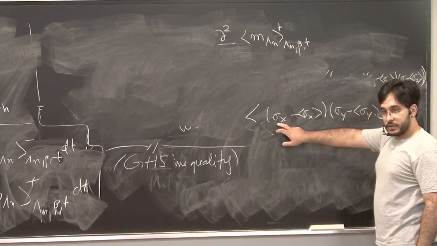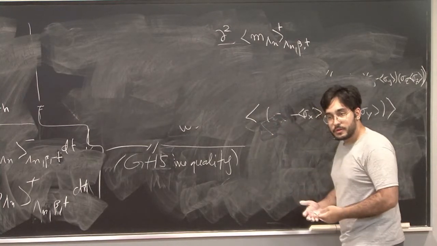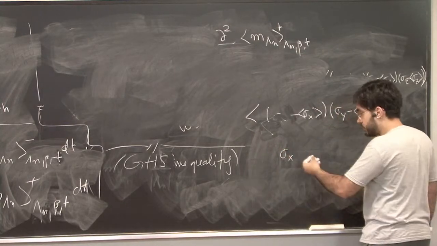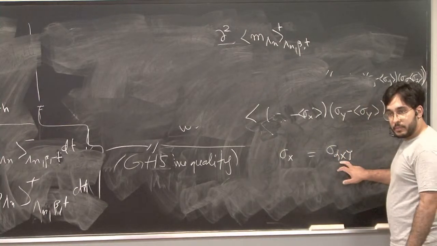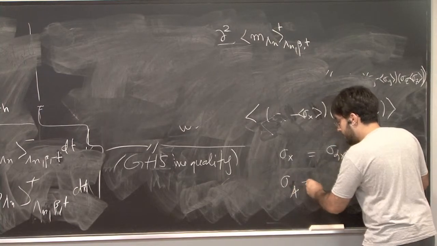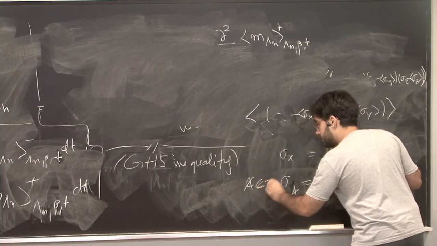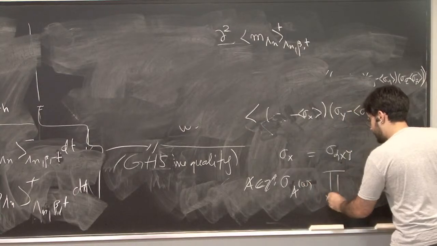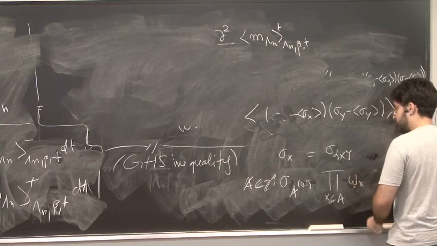Yeah, x is a function. So this is abuse of notation, okay? Usually I write sigma x, but instead I should be writing sigma x. Remember, we have these functions for each finite subset of Z^d. Omega x.